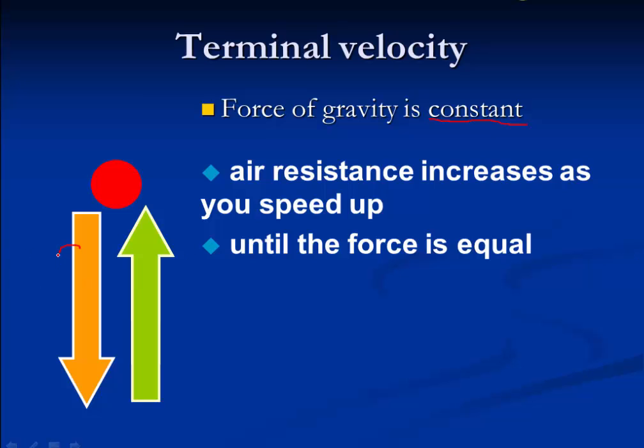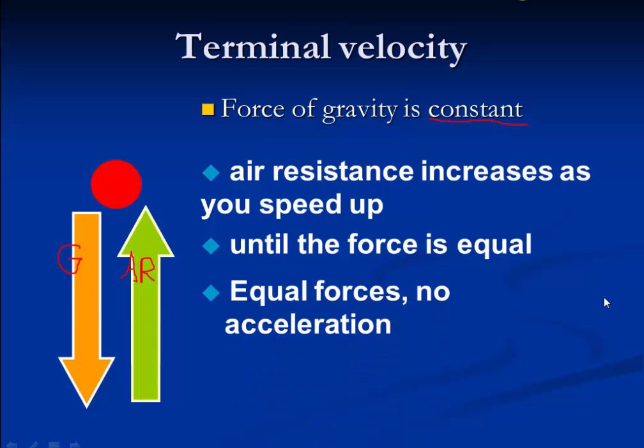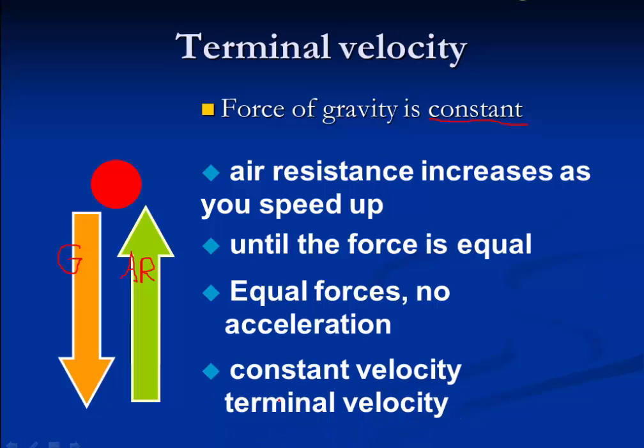So this here is our gravity. This here is our air resistance. So we saw that increasing until it matches our gravity. And therefore, if both forces are equal, there's not going to be any more acceleration. So that's how we get to our terminal velocity.